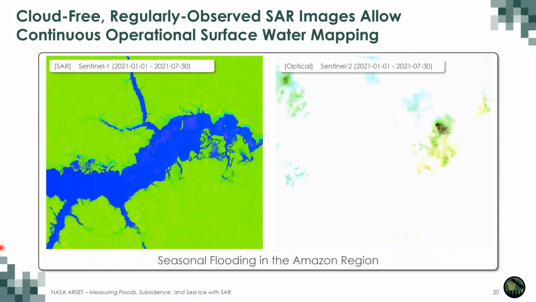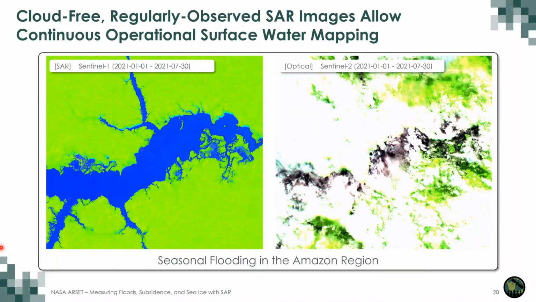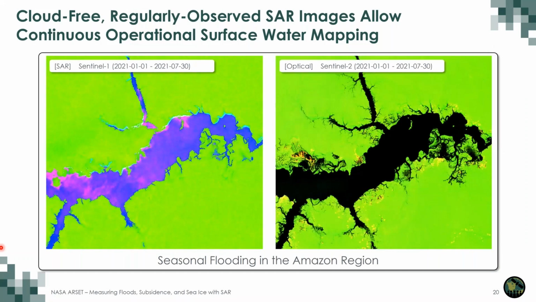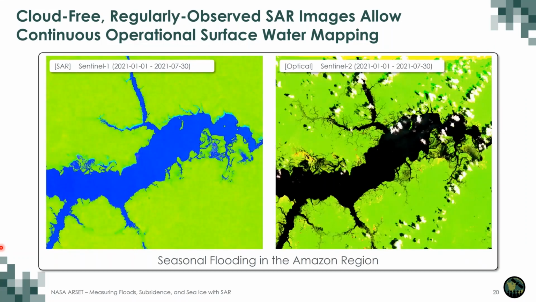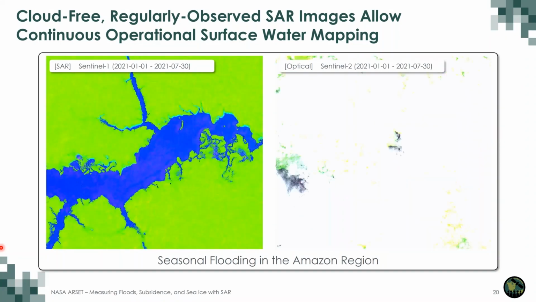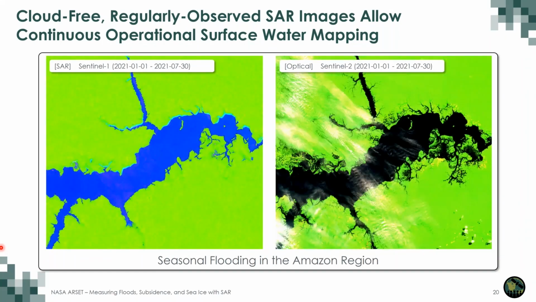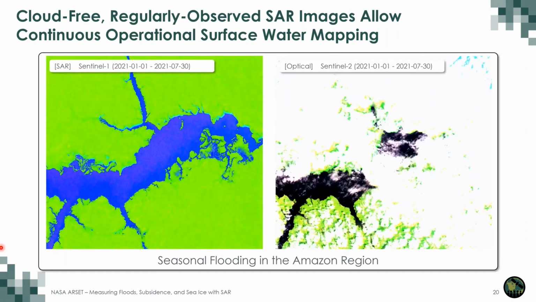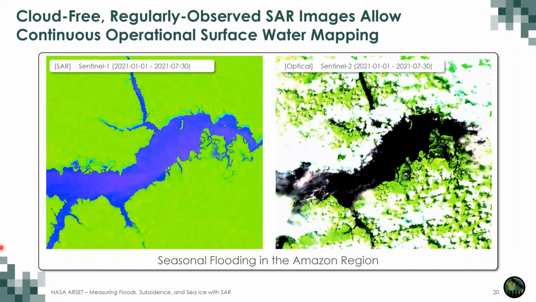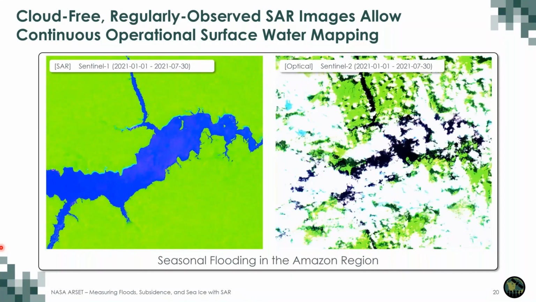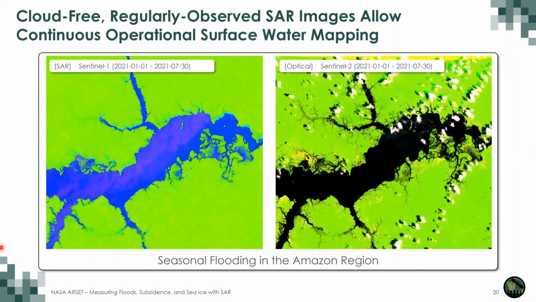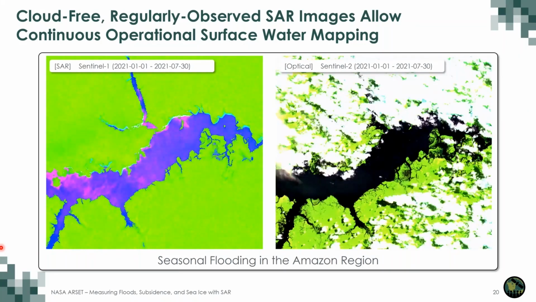Here, another example of the benefits of SAR for water surface mapping. This is a side-by-side comparison of an optical time series, in this case, over the Brazilian rainforest. You see in the optical dataset that heavy cloud cover on many days obstructs the water surface from view, while the SAR time series on the left gives you consistent access to the surfaces underneath the clouds.